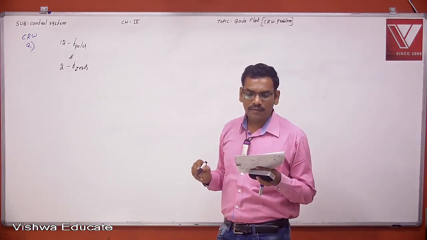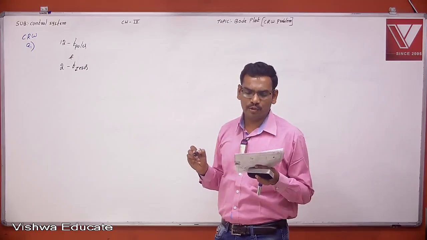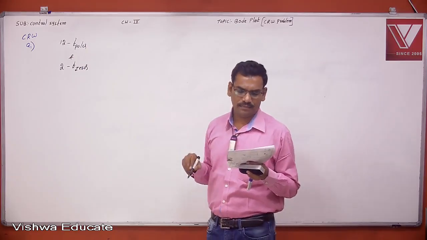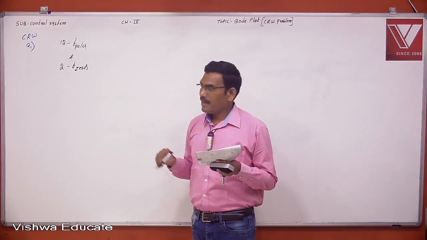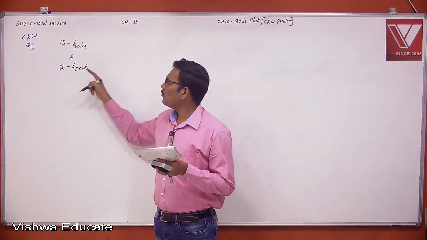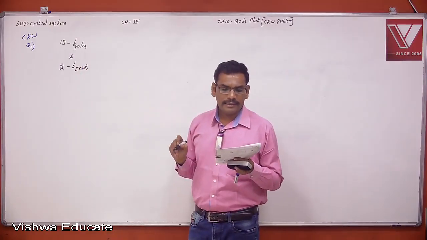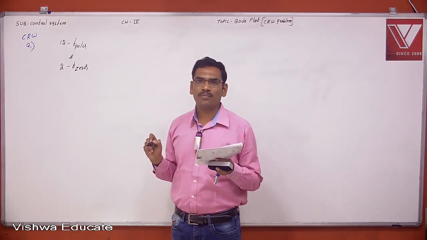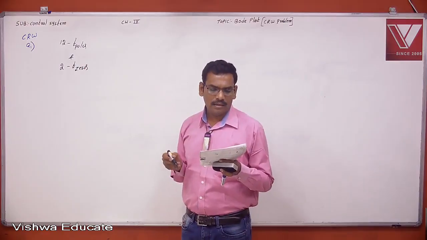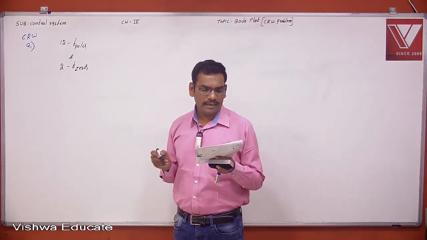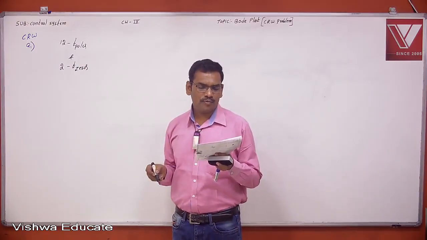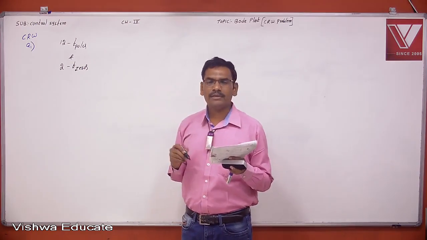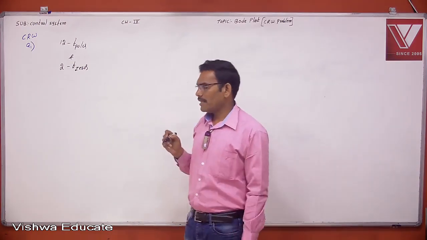Its high frequency Bode magnitude plot slope is dash. Options are given: minus 200 dB per decade, minus 40 dB per decade, minus 240 dB per decade, minus 320 dB per decade. Now you understand the question.